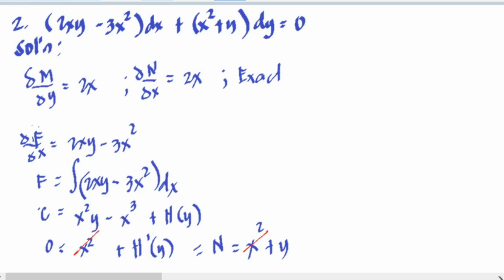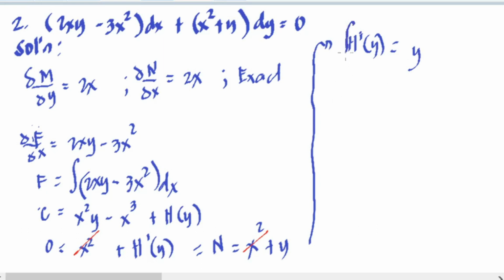So therefore, our h prime of y is equal to only y. And then if we take the integral of this one, to remove the prime, h of y is equal to y squared over 2.